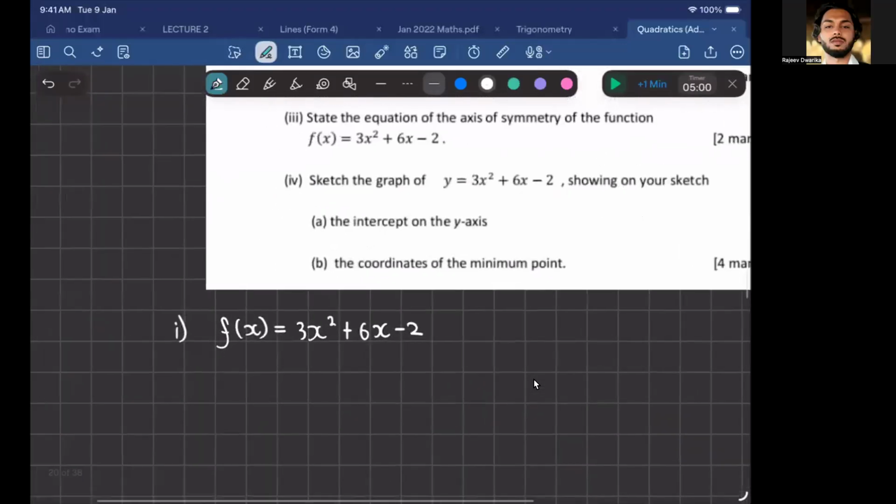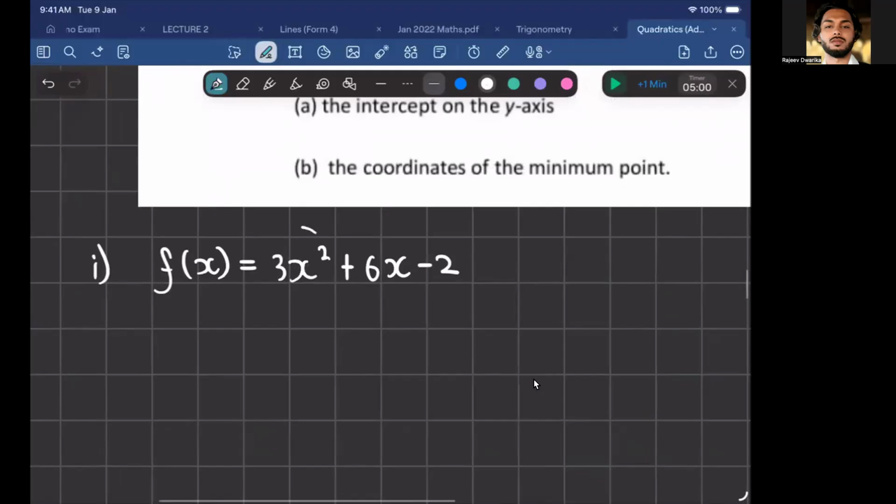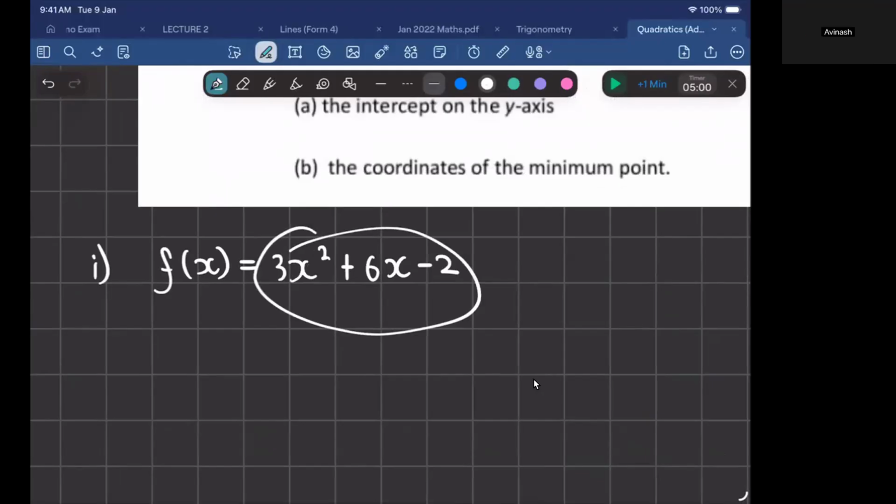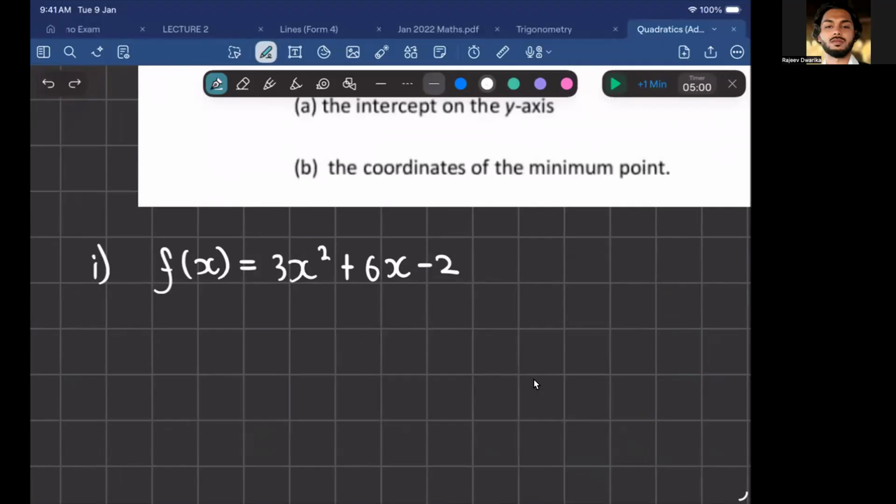So Avinash, first things first, what do we call this type of expression? A quadratic. Right, it's a quadratic. Now, all quadratics would be in the form ax squared plus bx plus c.